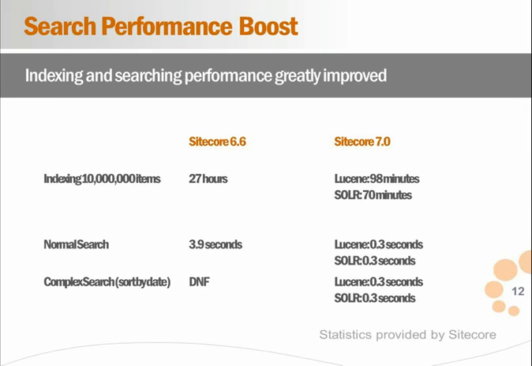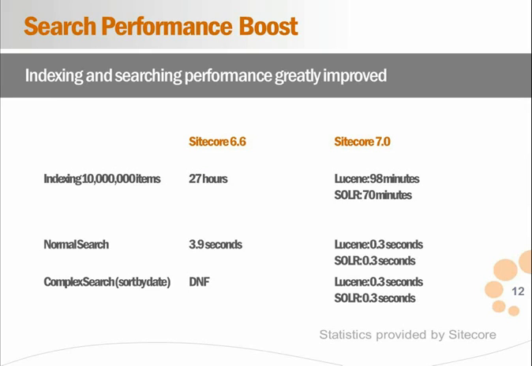Doing a regular search, just a normal search, in Sitecore 6.6 across that 10 million items took 3.9 seconds. Okay, well, that's not too bad. On some websites that would be considered slow. With Sitecore 7, Lucene and Solr both performed the search in 0.3 of a second. Okay, again, orders of magnitude faster.